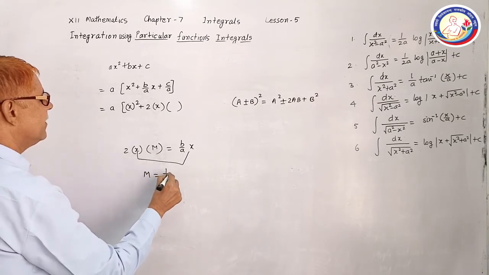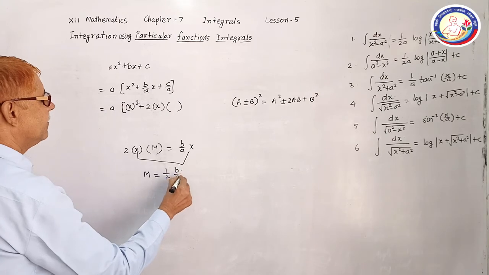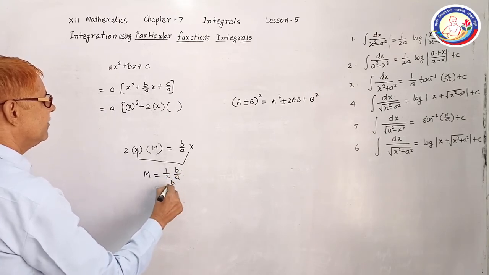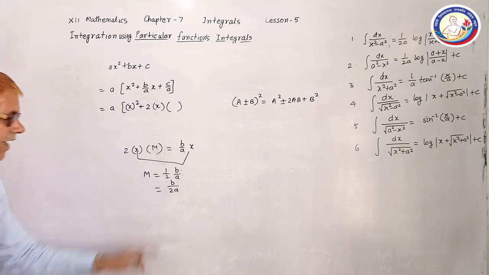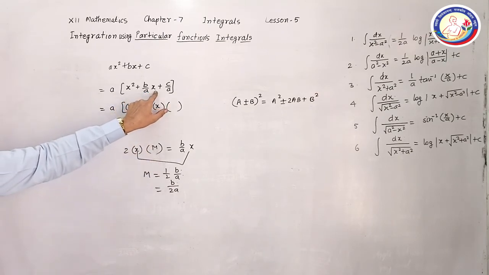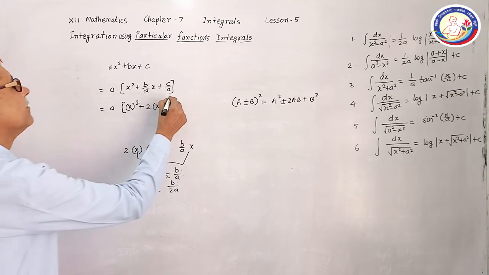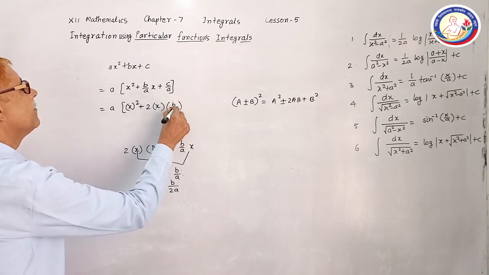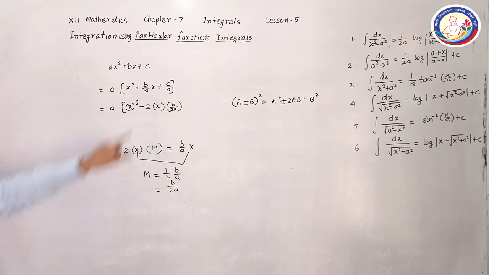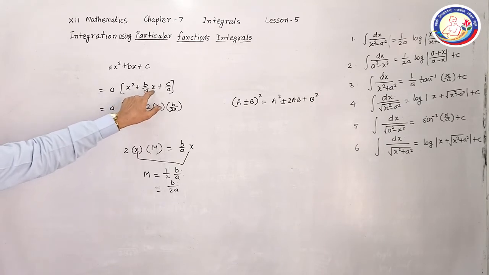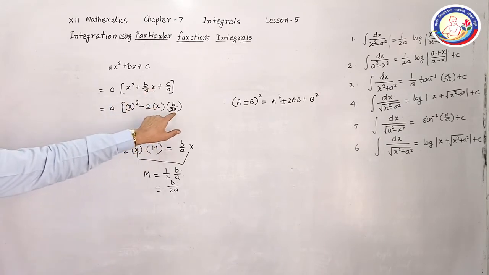It will be 1 by 2 b into a. That will be b by 2a. It is half of the coefficient of x. See, b by a, then we require here b by 2a. So this is half of the coefficient of x. So we are writing it.